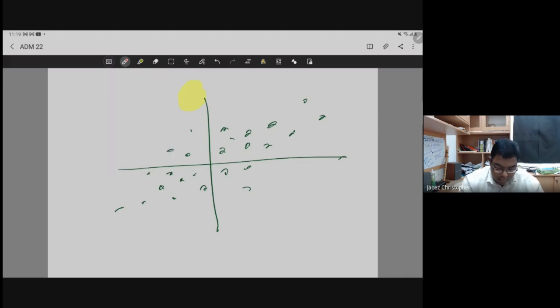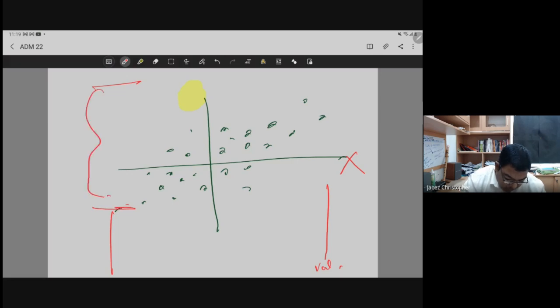Now the variance of these points across the x-axis is, assume, some value 1. And the variance across the y-axis is also value 1. So how many dimensions is this set of points? 2 dimensions, right? So I'm going to talk about dimensional reduction.